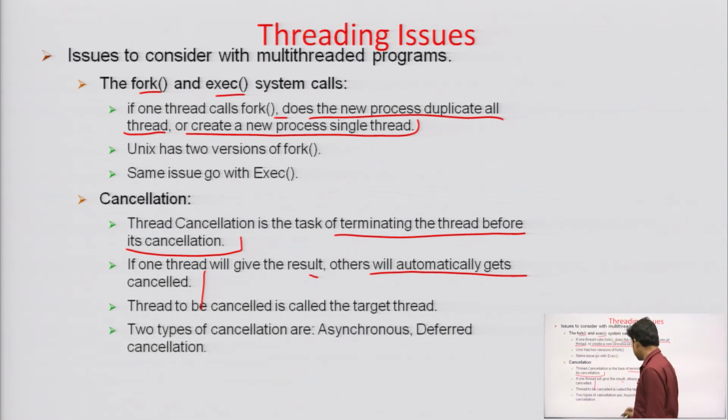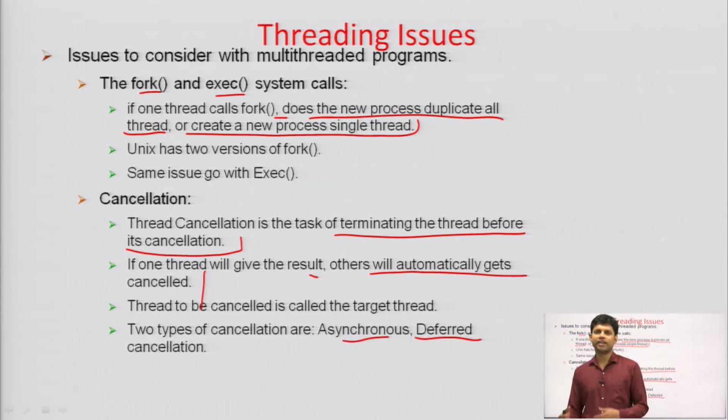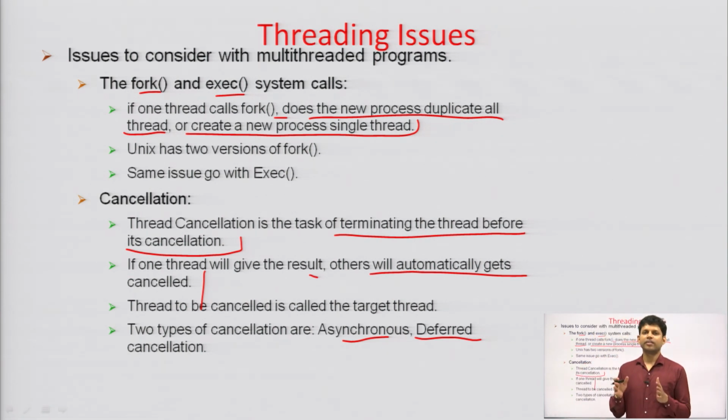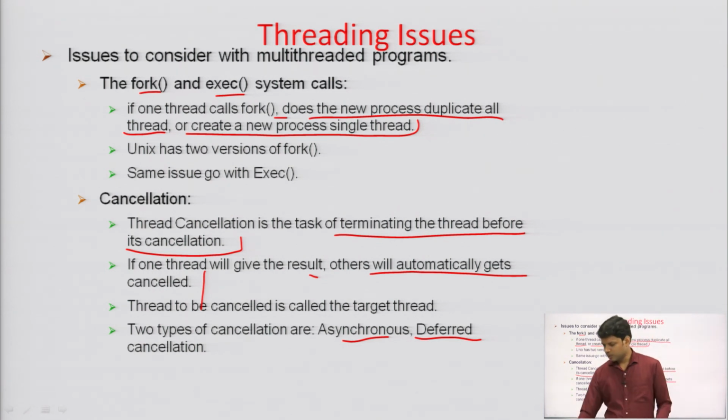There are two types of cancellation: asynchronous and deferred cancellation. For example, several threads are looking for data in a database. In that case, if one has got the result, all the others will be terminated.